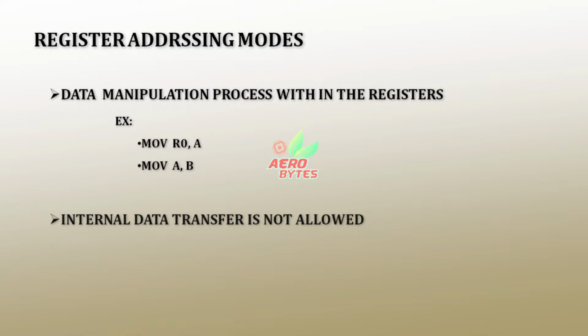Data transfer within the same bank is not allowed, like MOV R0, R2. These are in the same bank, so it is not allowed. MOV R4, R7 is also not allowed because it is within the same bank.